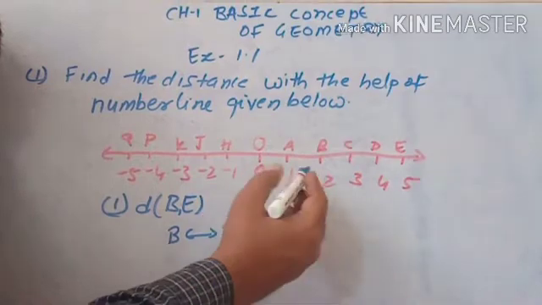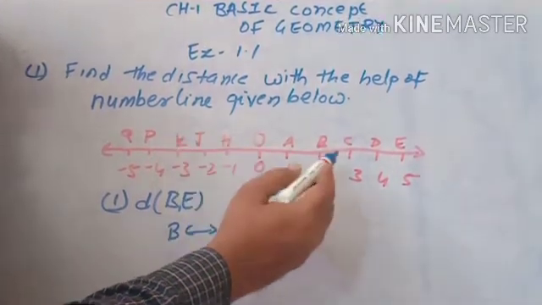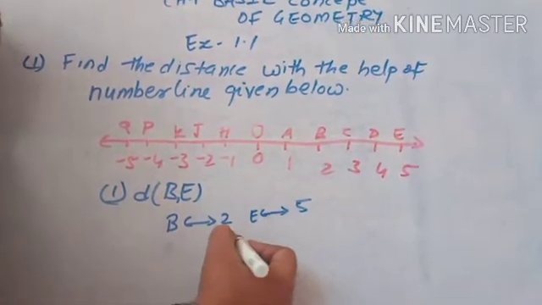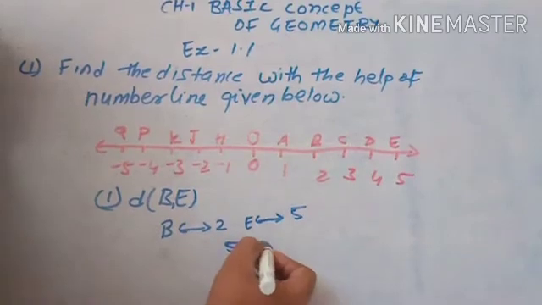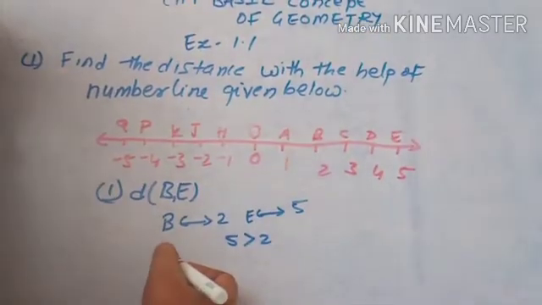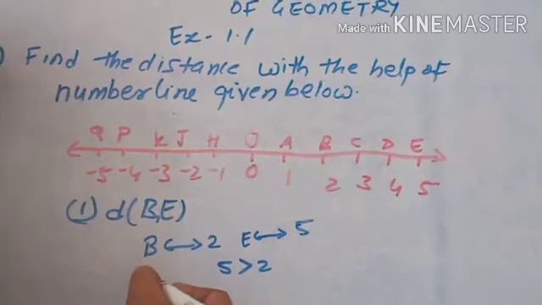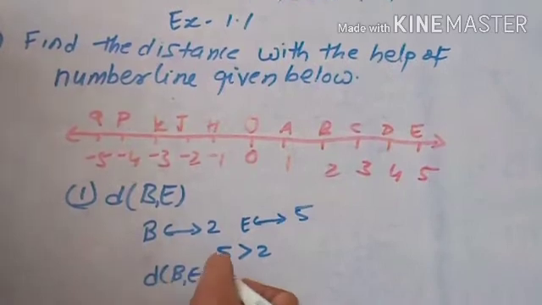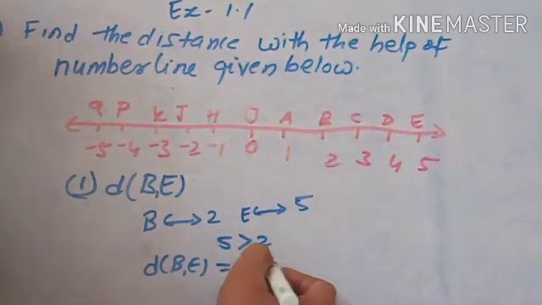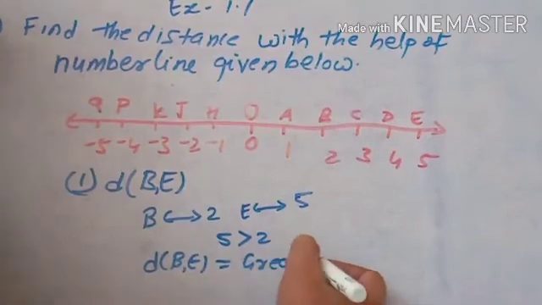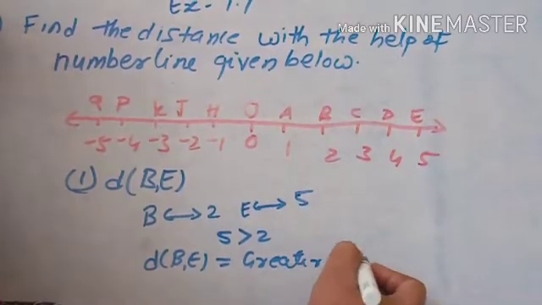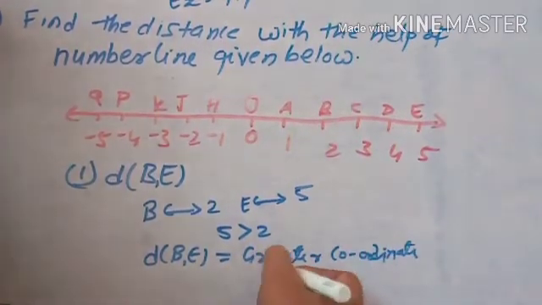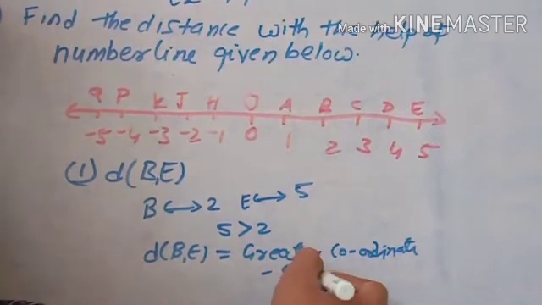And the coordinate of E is 5. So 5 is greater than 2. Therefore distance BE is equal to greater coordinate minus smaller coordinate.